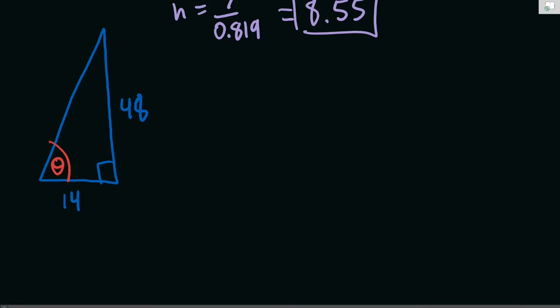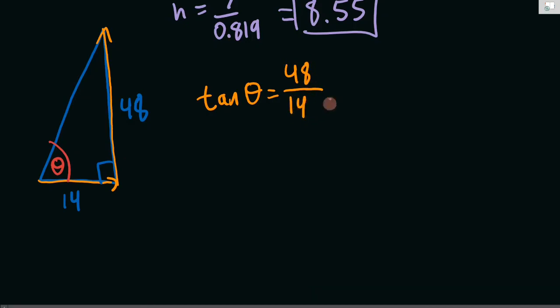Well, I know the vertical piece. The vertical piece is the rise of my triangle. I know the horizontal piece, that's the run of my triangle. So the tangent of theta is my vertical piece over my horizontal piece, because this is the slope.